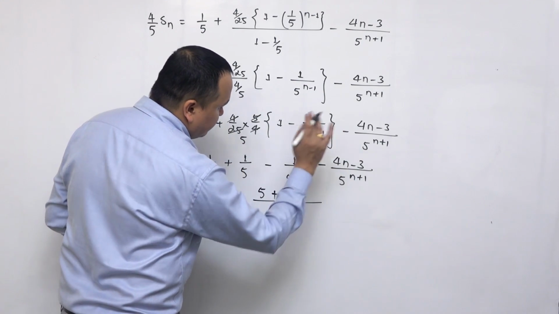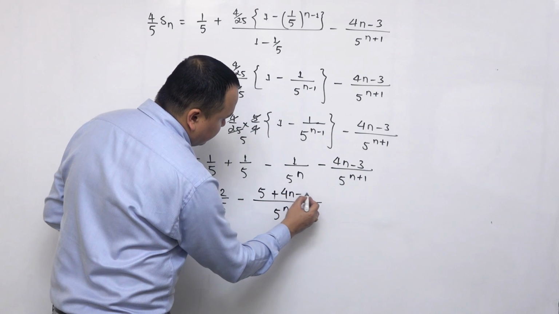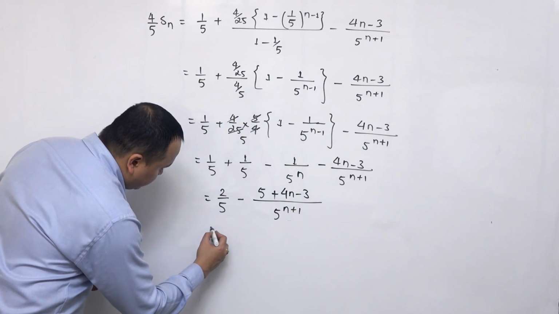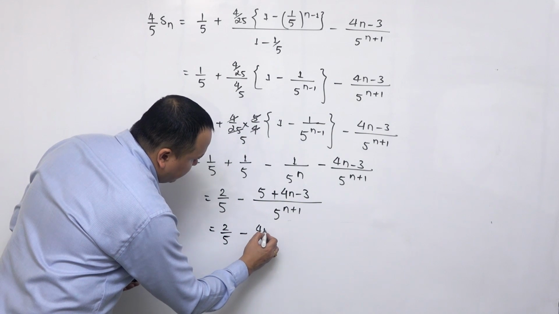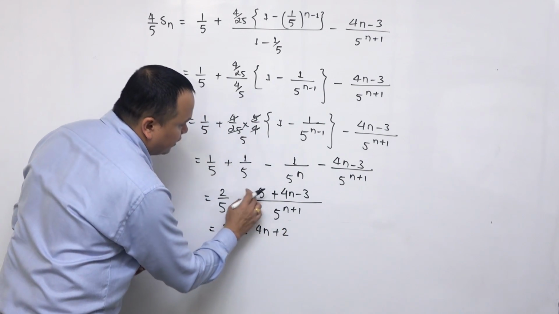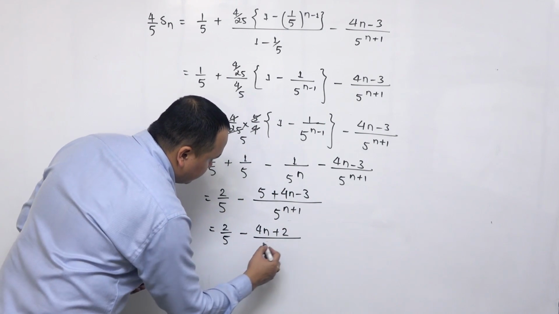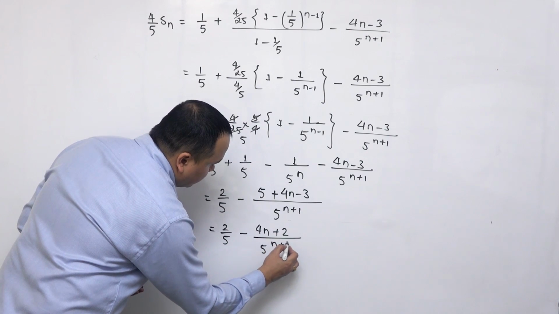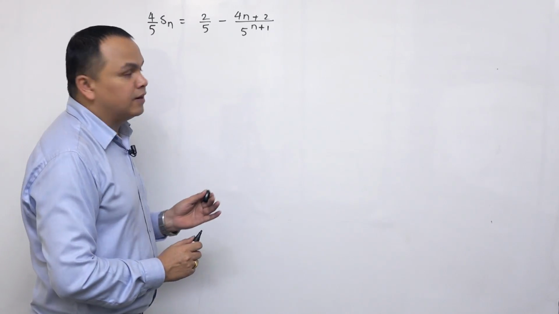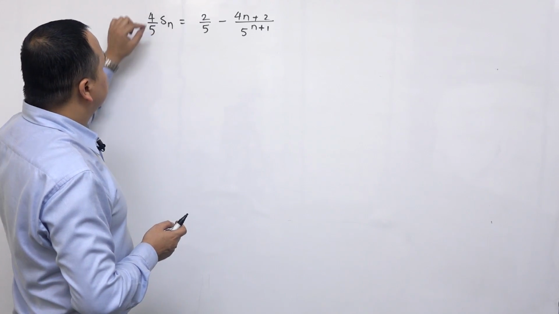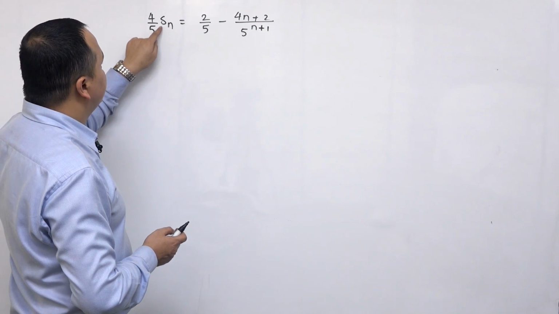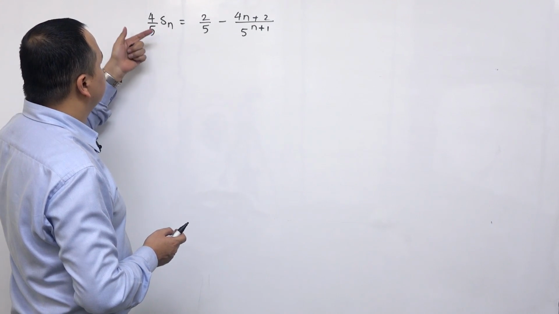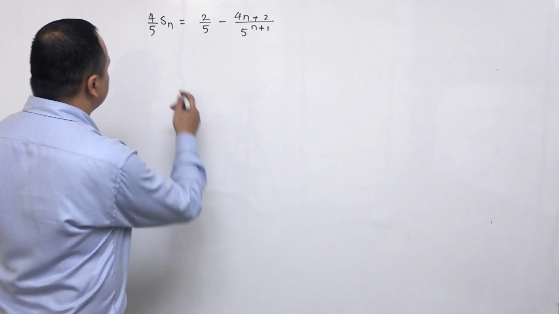1 into 4n minus 3, just 4n minus 3. This is 2 upon 5 minus 4n plus 2 upon 5 to the power n plus 1. Now multiplying both sides by 5 upon 4, because the coefficient of Sn is 4 upon 5 and its reciprocal is 5 upon 4.